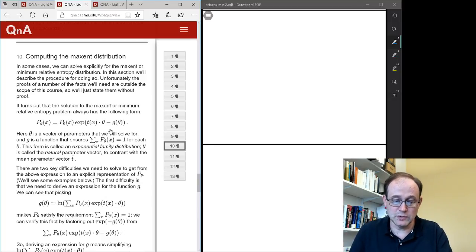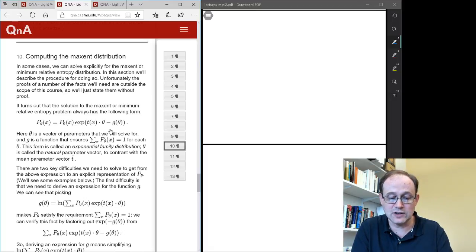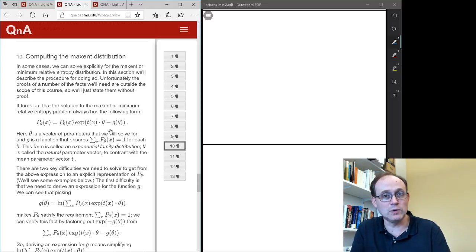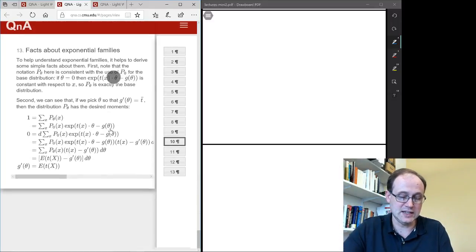And the reason for that, of course, is that in this expression, if theta is 0, then t of x dot theta is 0. So this whole thing is just e to the minus g of theta. And that doesn't depend on x at all. And so since it's constant across x, it must be 1. So the only thing that remains is p0. And so when theta is equal to 0, you get p0. So that's a nice fact.